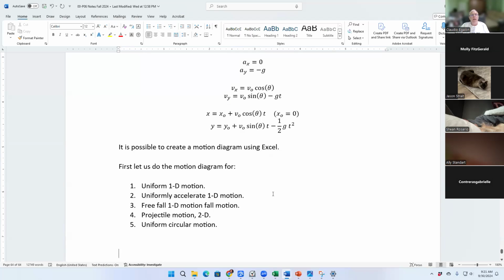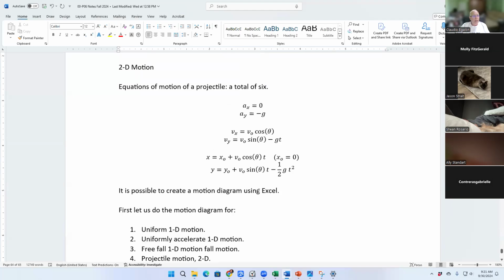But let's elaborate a little bit more on the equations of motion of a projectile. There are lots of things that you can do with this set of equations.